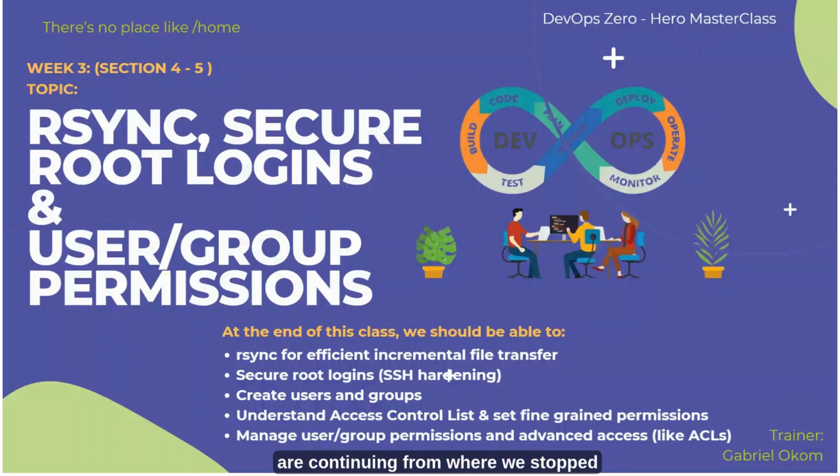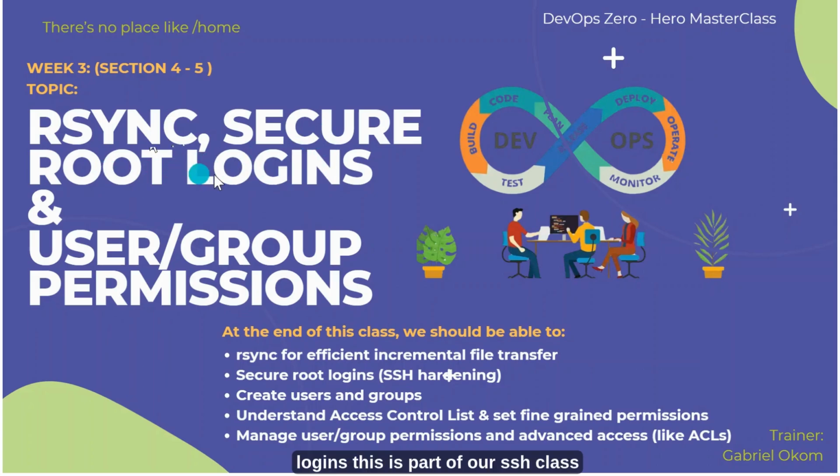We are continuing from where we stopped the previous week, where we did SSH and secure copy and all of that. For today, we are continuing to learn how to do remote synchronization, which is the rsync that we have here. Then we would continue with secure root logins.